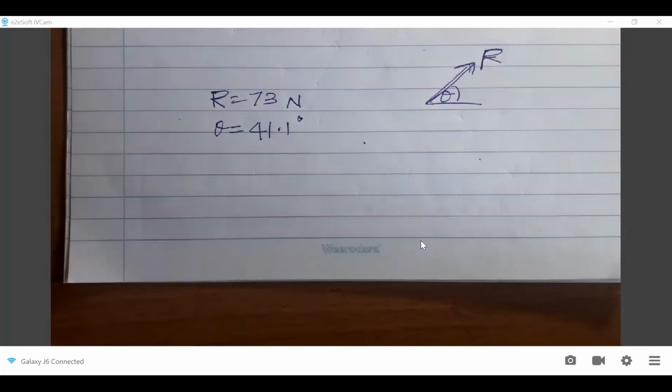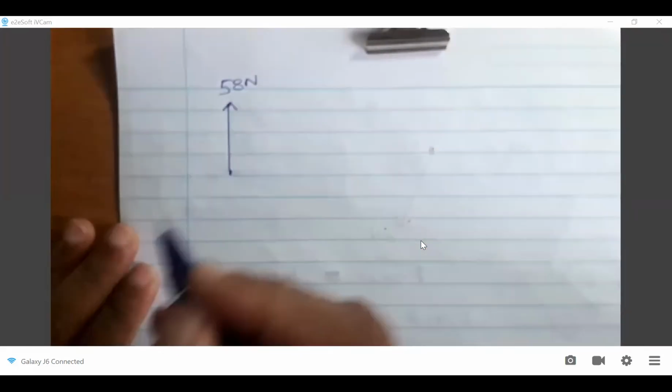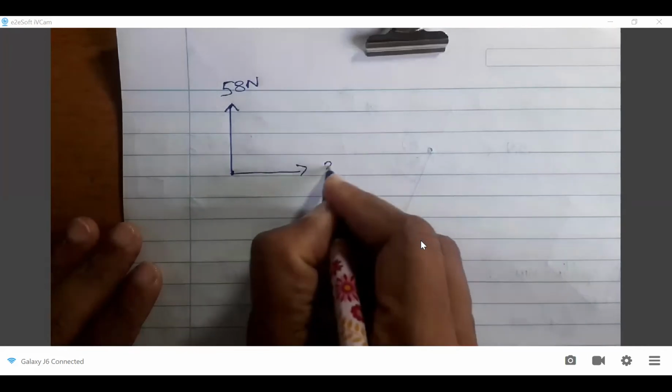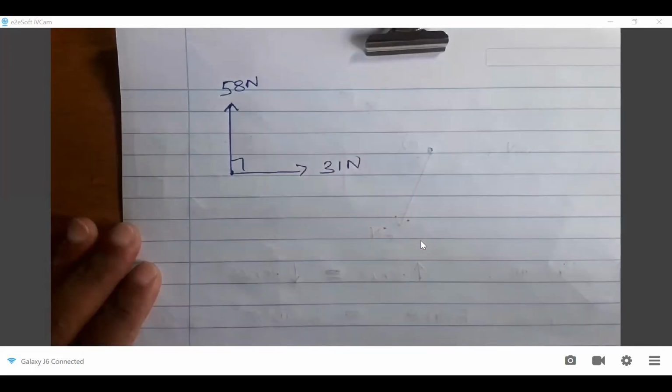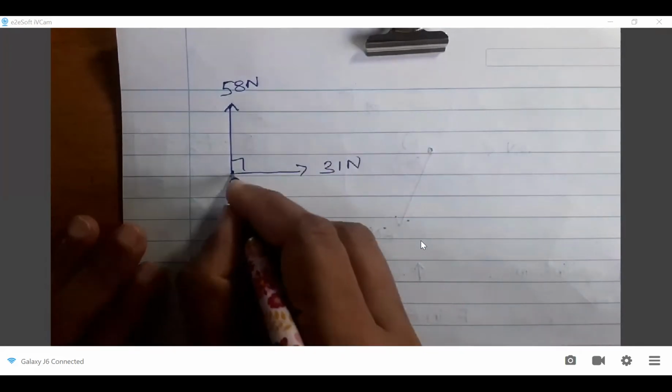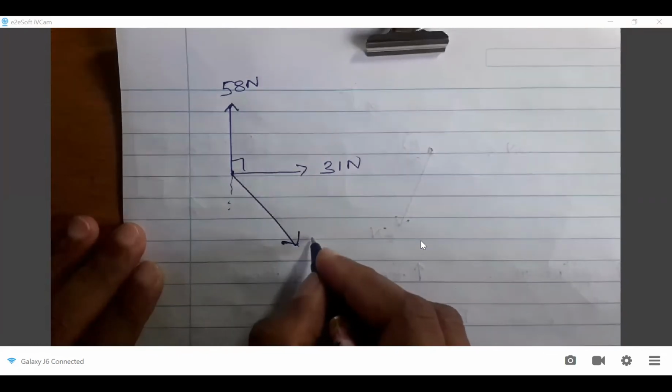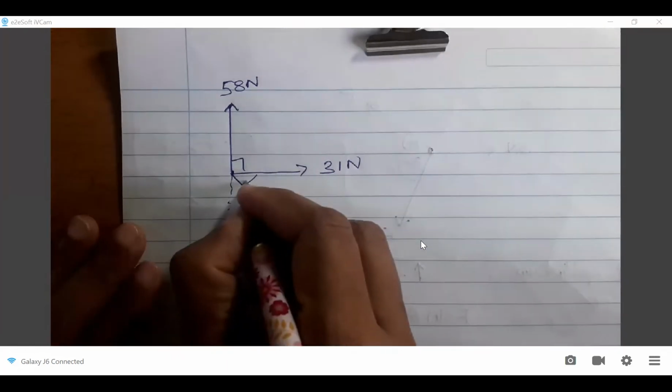Okay, I will do it quickly. So you have 58 this way, 31 this way, 90 degrees there, and you have 26 at angle alpha.